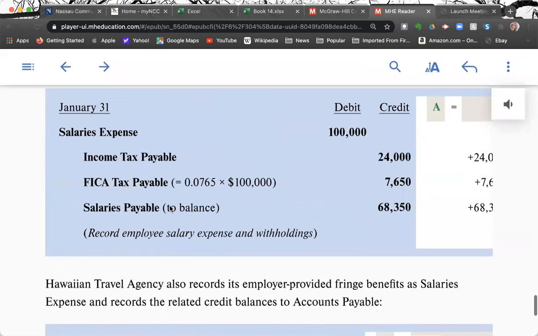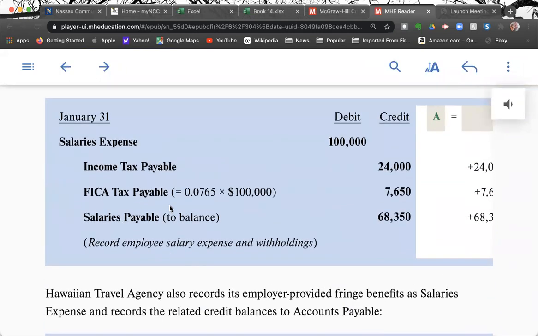So if you think about it, what's the total cost of payroll for this company? You only care about your paycheck, right? That's all you care about. But put yourself in the boss's seat, in the employer's seat. How much are these employees really costing the employer? Well, I have to pay them salaries of 100,000.